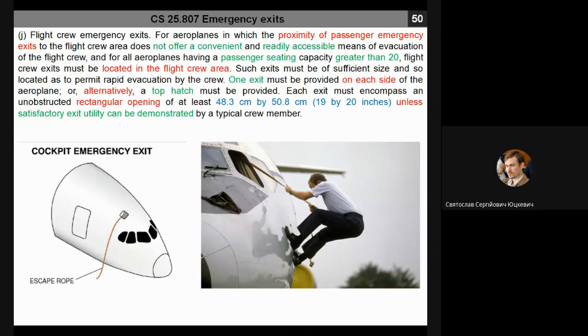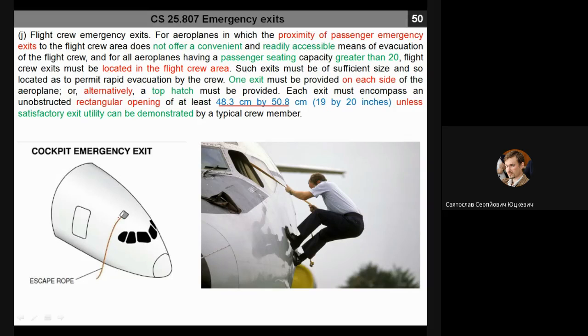For the crew compartment, for crew members, especially if we talk about the flight deck, this compartment must be equipped with its own emergency exit. It could be hatches or sliding windows, with dimensions equal to 48 up to 50.8 centimeters.